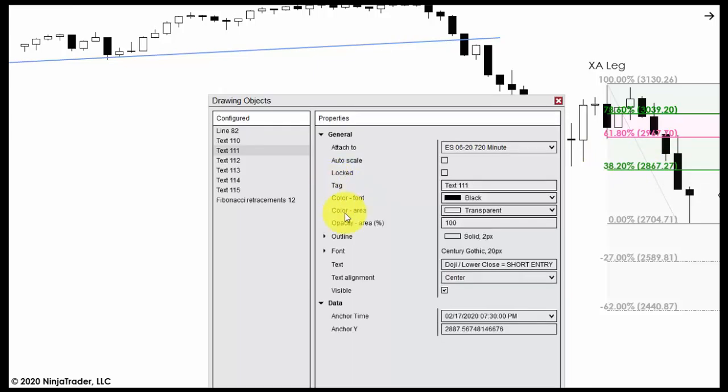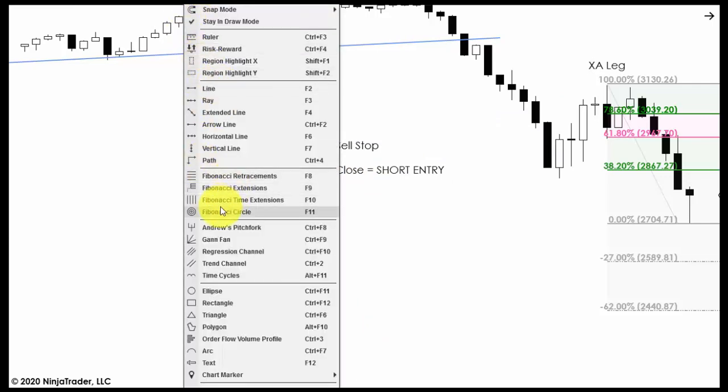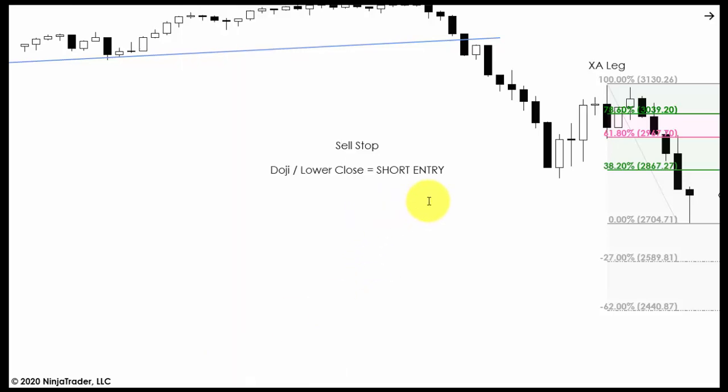All right, so I want you to write this down. Let's come in here and grab the text tool. Okay, so we have a point of confluence.